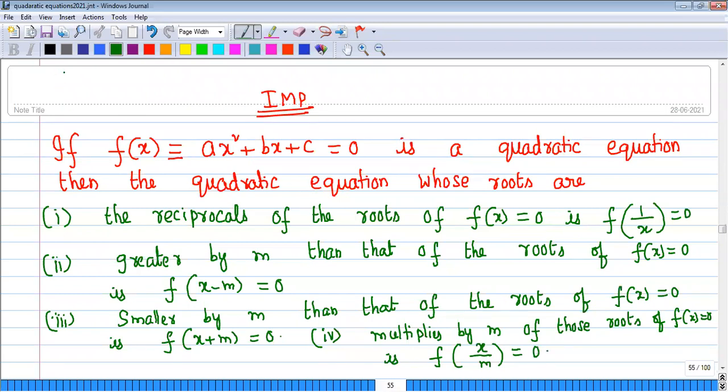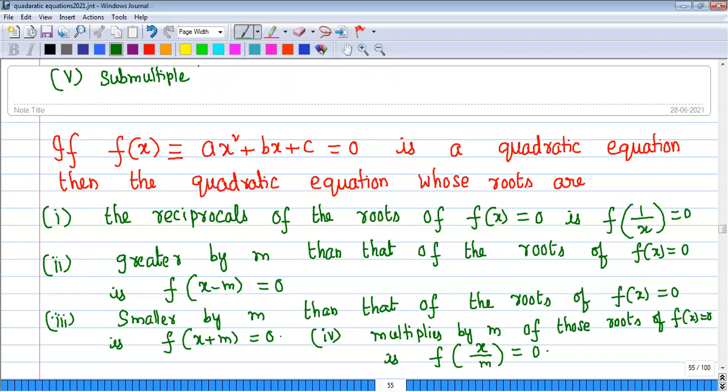Now fifth point. Submultiple means divide by m.